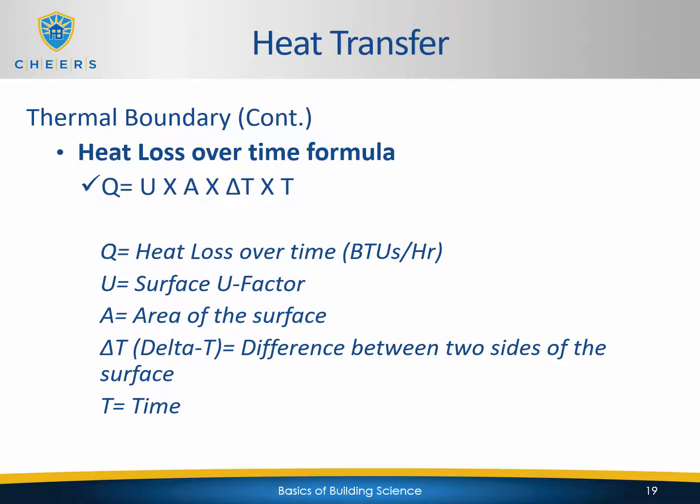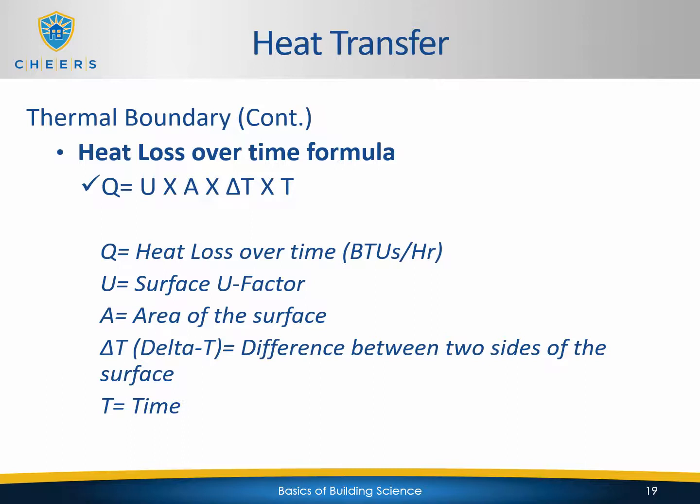We're measuring the heat loss over time of a surface dividing an inside and an outside, right? So that difference is the difference in temperature between the inside and the outside. We're going to need to collect the outside temperature and the inside temperature. And then the last piece of the formula is T, and the T stands for time. So we're calculating heat loss over time.